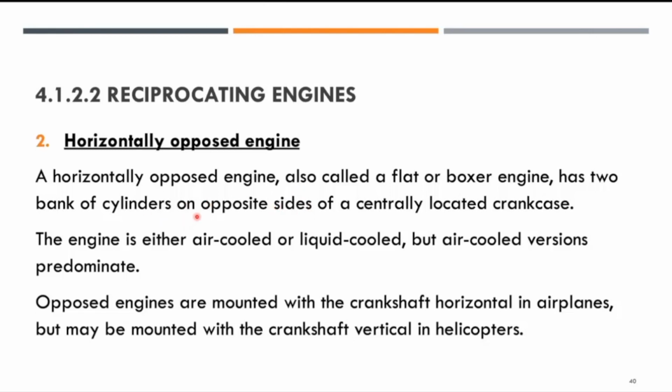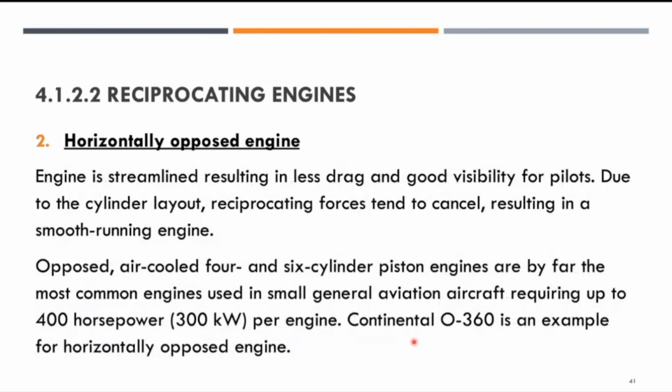It has two banks of cylinders on opposite sides of a centrally located crankcase, and the engine is either air cooled or liquid cooled, but the air cooled version normally predominates. Horizontally opposed engines are mounted with the crankshaft horizontal in airplanes, but may be mounted vertically in helicopters. So some applications have also been installed in helicopters.